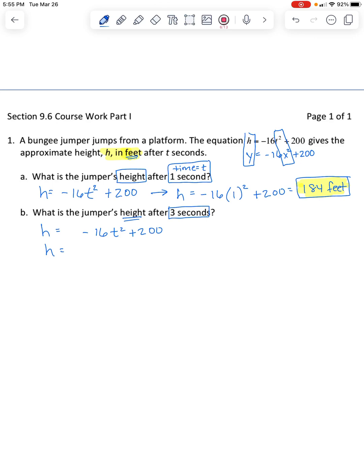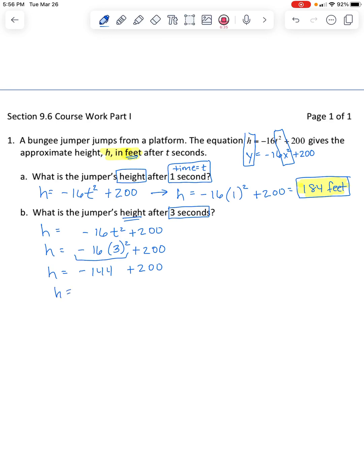So h, the height, equals -16, and we're going to put a 3 in here this time, squared, because we're looking for what the height is after 3 seconds of his jump time. If you do this in your calculator, you should get -144.